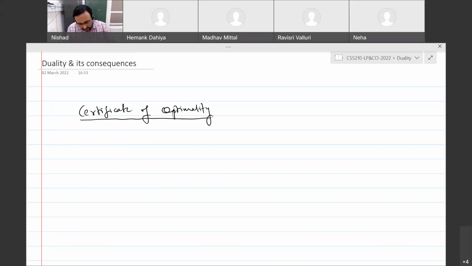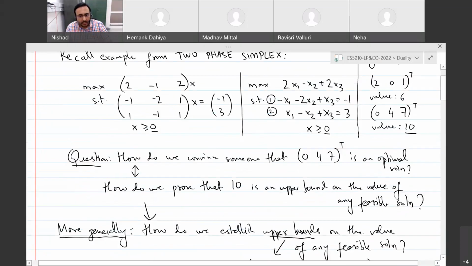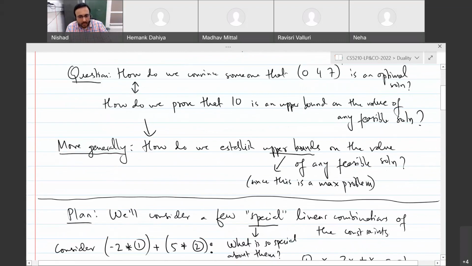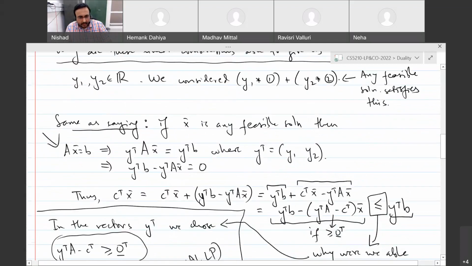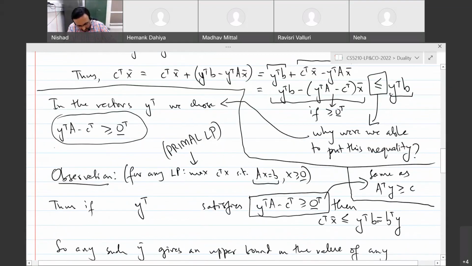So if you remember how we discussed duality last time, we started discussing it as deriving upper bounds on the value of any feasible solution, right? And what we noticed is that whenever we have a vector that satisfies this condition here, which we rewrote as A transpose Y is at least C, right? That will give us some upper bound.